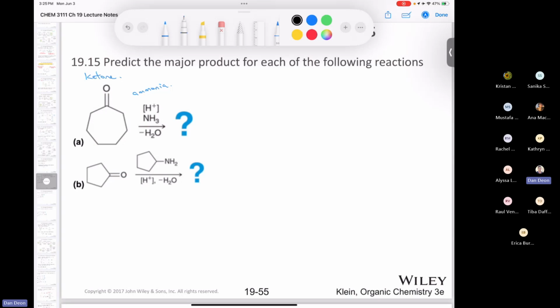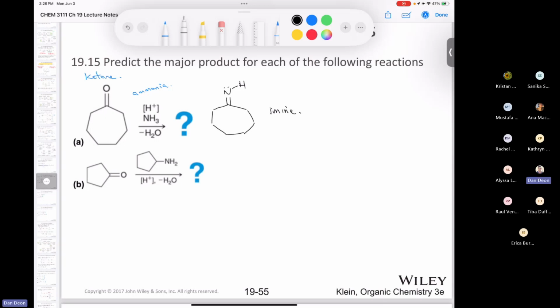So what is that going to give us? Well, it's going to give us a Schiff base, isn't it? An imine. So let's draw our 7-membered ring. Now we're going to have a double bond in our nitrogen, but instead of an R group up here, our R group, since it's ammonia, is going to be a hydrogen, like that. So this means we formed our imine.